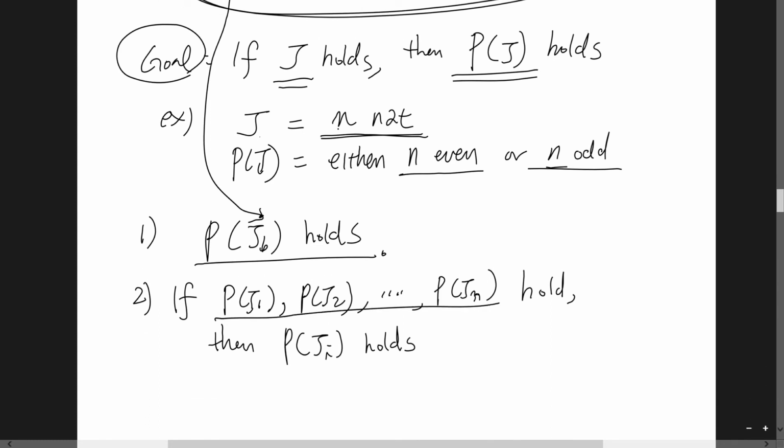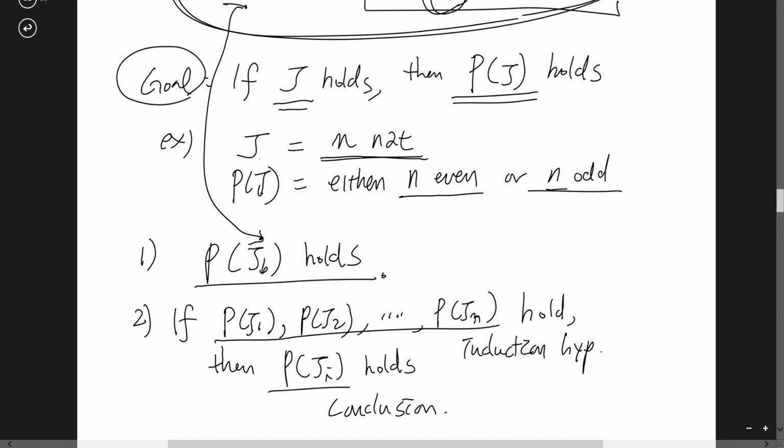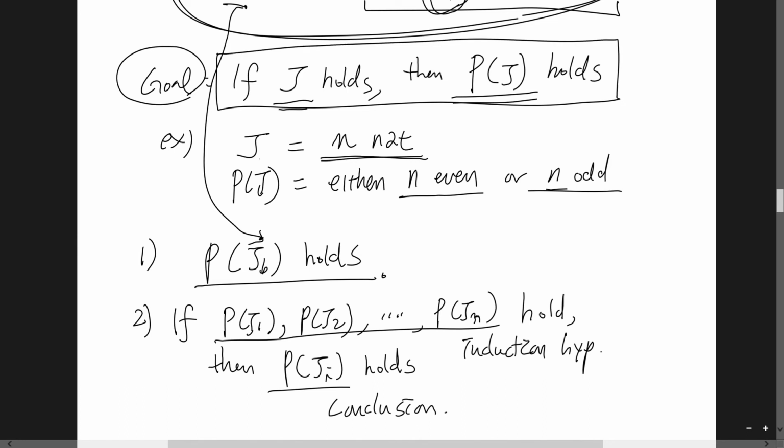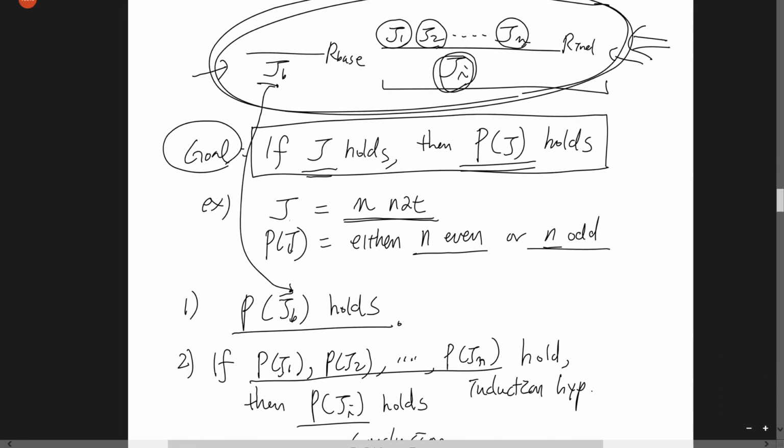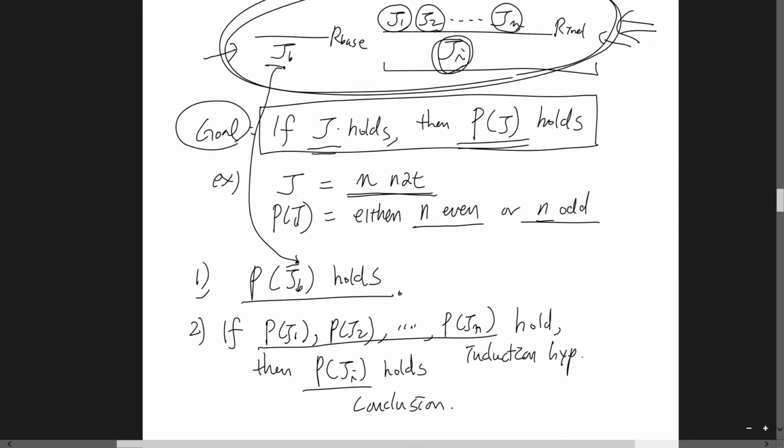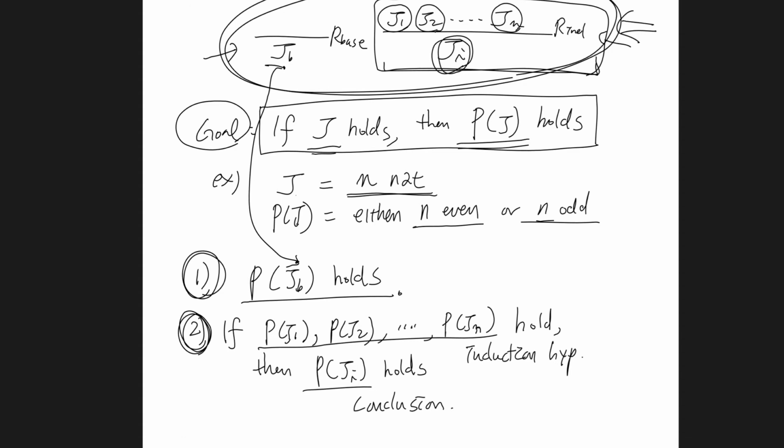So these are basically the induction hypotheses, and this is going to be the conclusion. So to summarize, in order to prove a statement like this one, given this set of inference rules, we prove first this statement, which corresponds to the base case, and then this statement, which deals with the inductive case. That's how rule induction works.